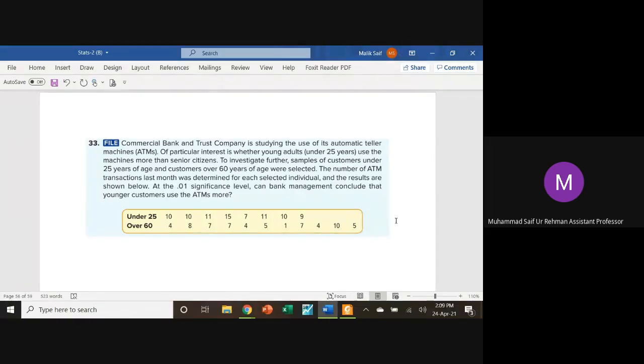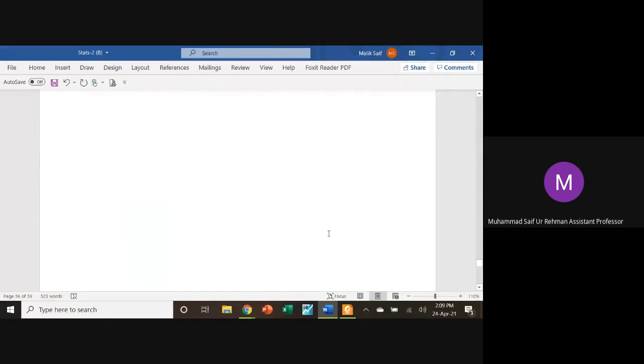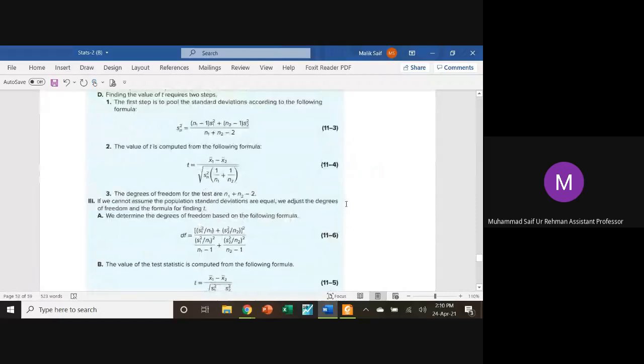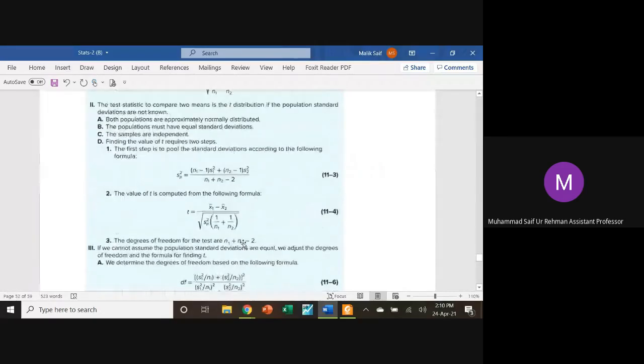So in both situations, we use two different formulae. One formula was, if you see written in here in the summary of the chapter, we use this formula: t is equal to x1 bar minus x2 bar, where sp square is there. So we pooled the sample variances in this particular case, and this was the case where population's standard deviations were unknown but equal.